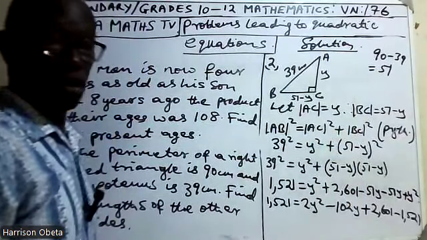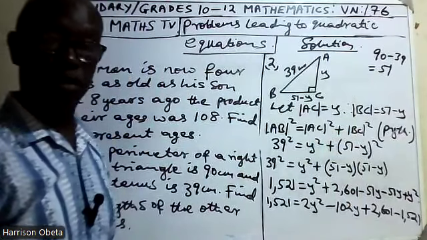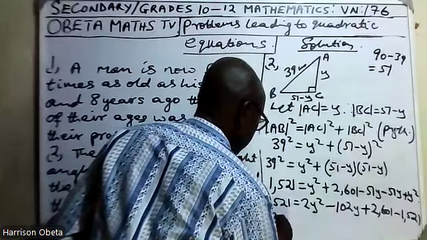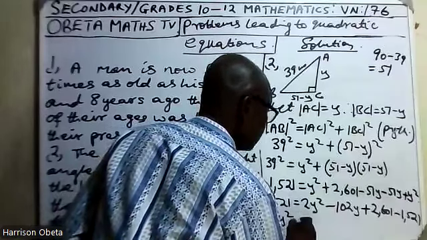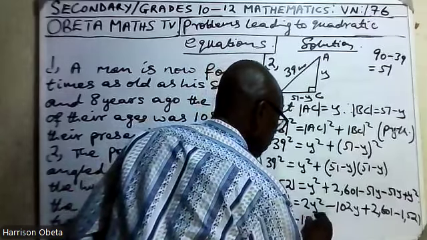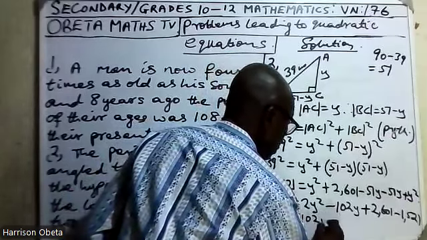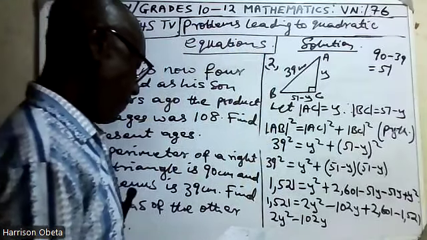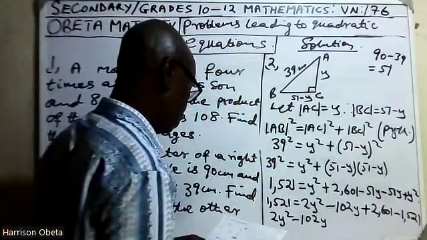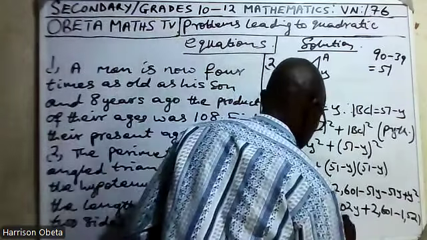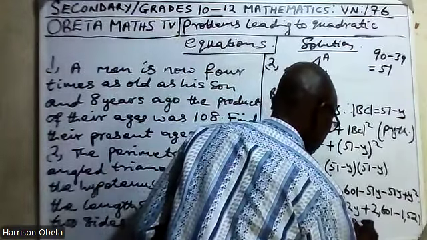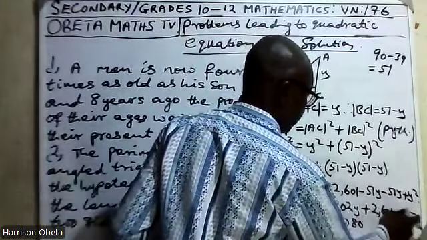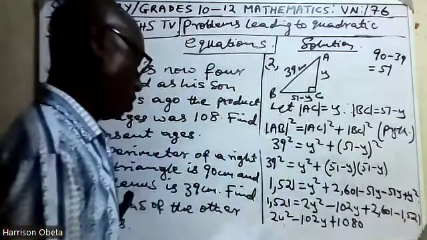So in continuation, we have 2y squared minus 102y plus 1080. That's when you carry out the subtraction here, you have this.